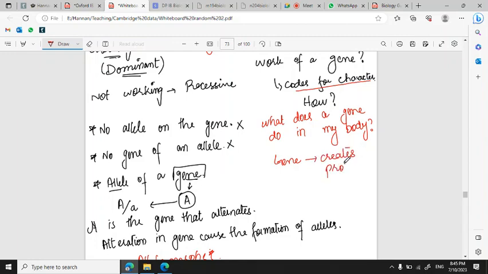Genes code for proteins. Actually it is the proteins that decide our characters. You can say that a gene is a blueprint upon which the protein is made, and the protein is basically my character.